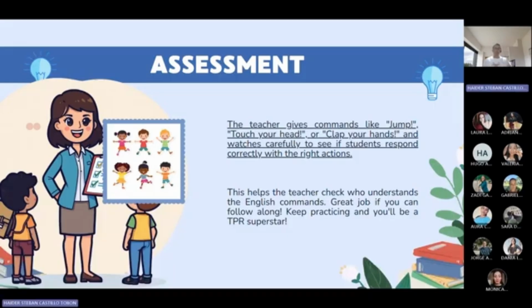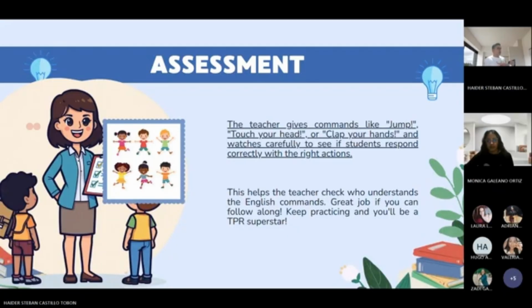These activities help the teacher check how students understand the English commands, and great job if you can follow along or see your students. It's necessary that you explain most of the information so the students can understand and make the action.